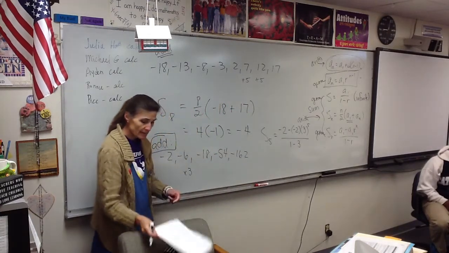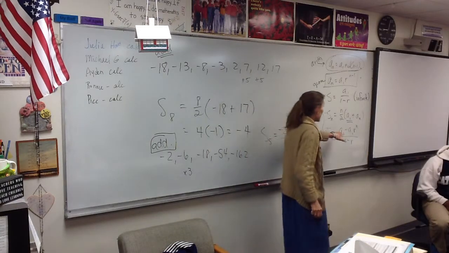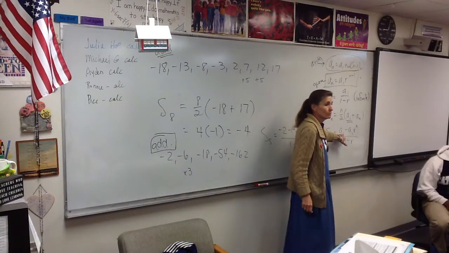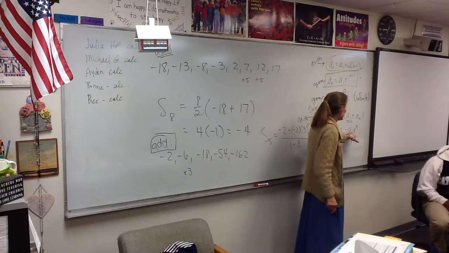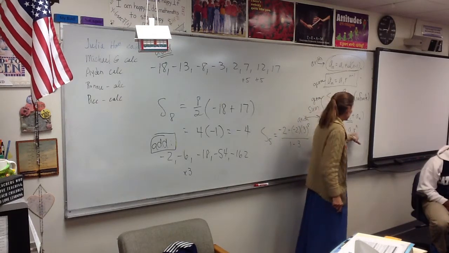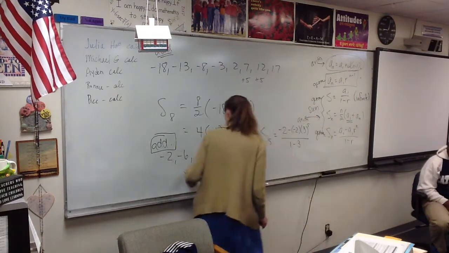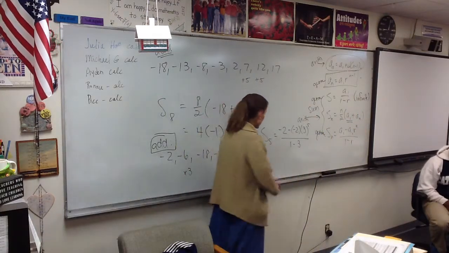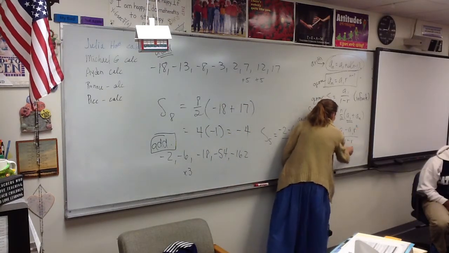All right, so let's look at that again, make sure we're clear on where all those numbers came from. A sub 1 is negative 2 minus, that's in the formula, negative 2 times 3 to the 5th, because you said there were 1, 2, 3, 4, 5 terms, n was 5, and then the ratio was 3.